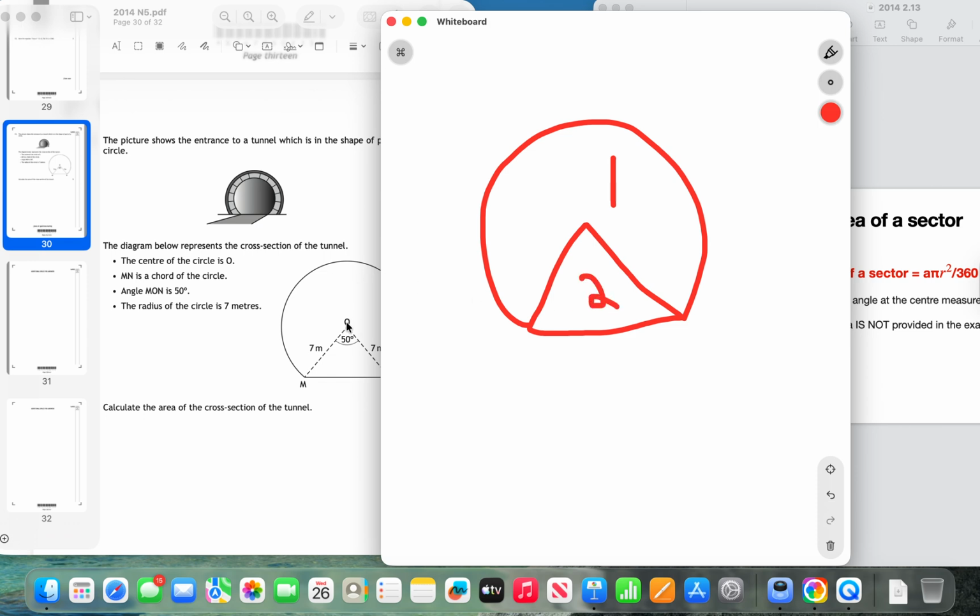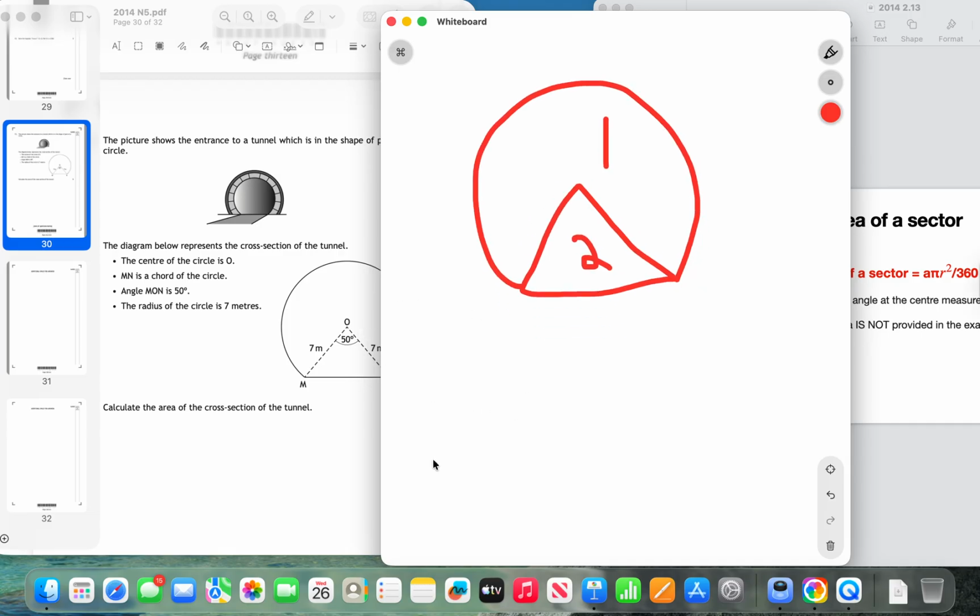Now, number 1 is a sector, and number 2 is a triangle, both of which you learn how to calculate the area of in National 5 Maths. Now we'll first of all have a look at number 1, which is the sector.